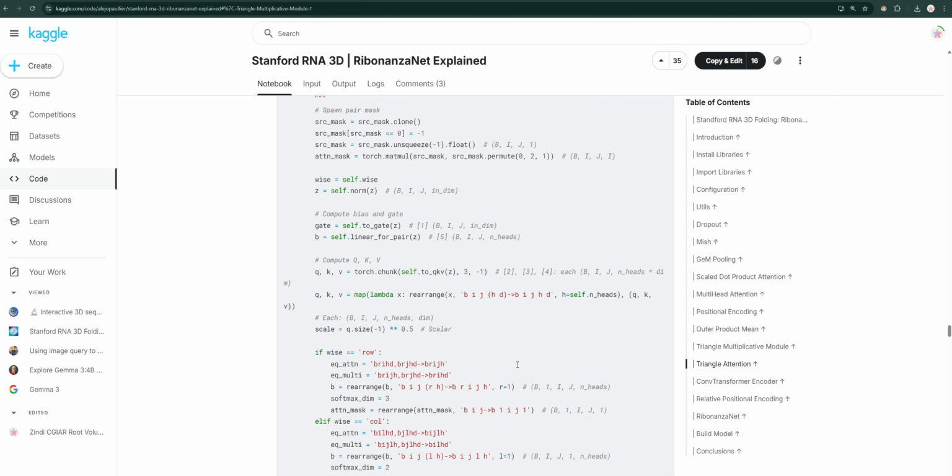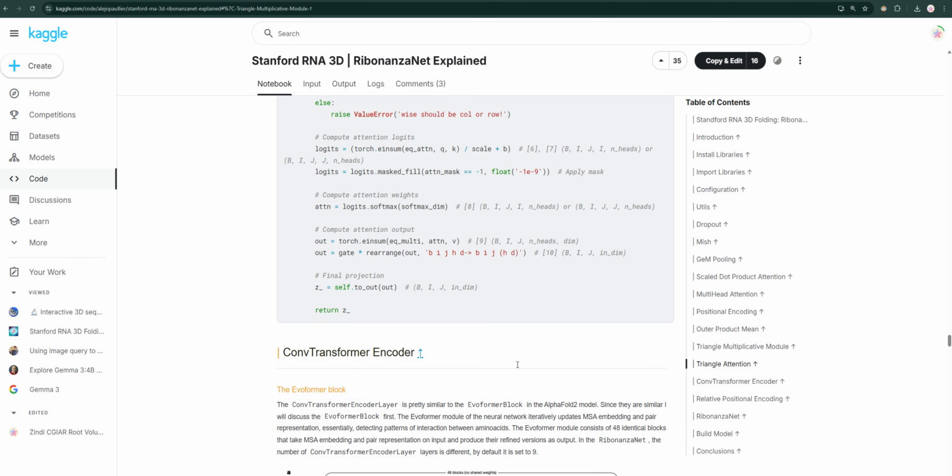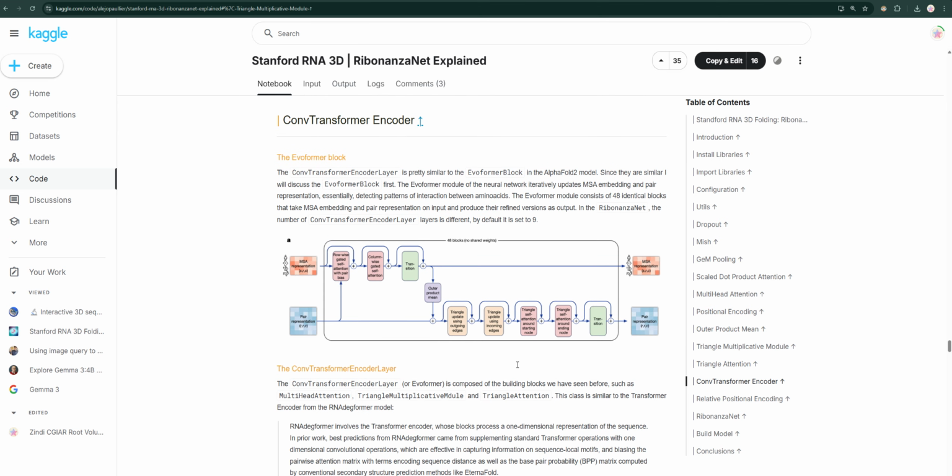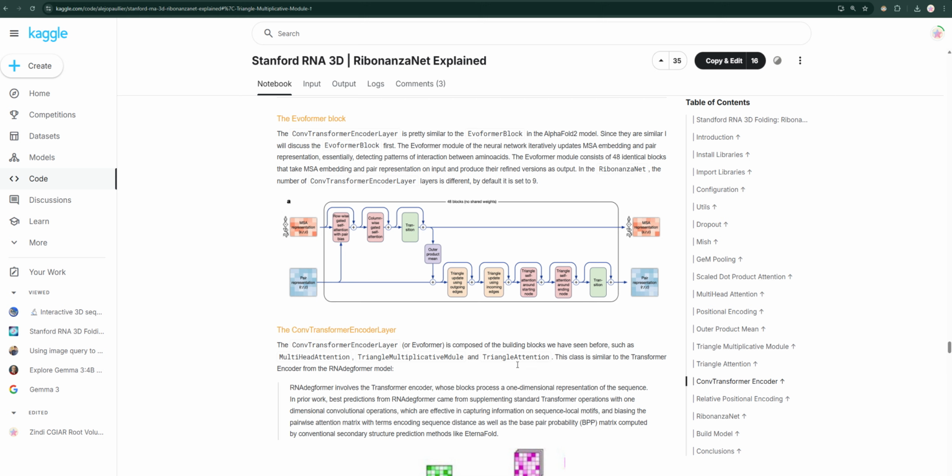Now we reach the conv transformer encoder, which is the main building block of the RibonanzaNet architecture. This layer combines several operations. Convolutional operations capture local patterns, multi-head attention handles long-range interactions, triangle multiplicative updates ensure geometric consistency, and outer product mean operations update pairwise representations.